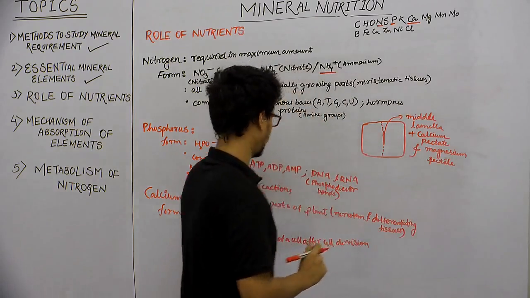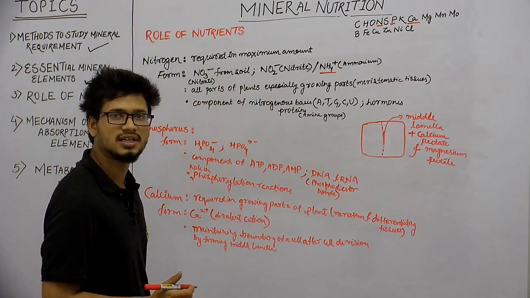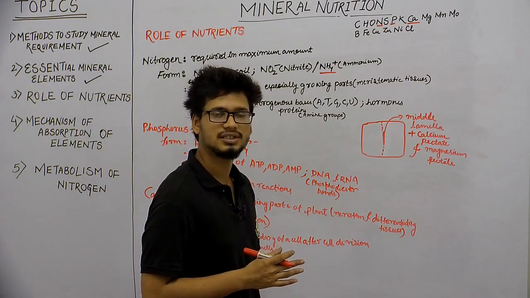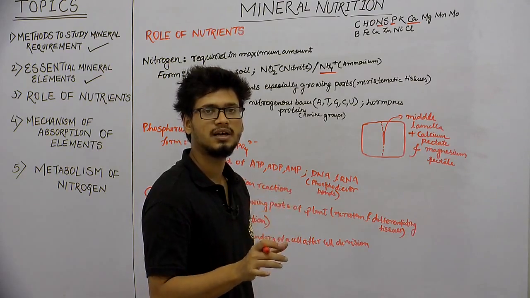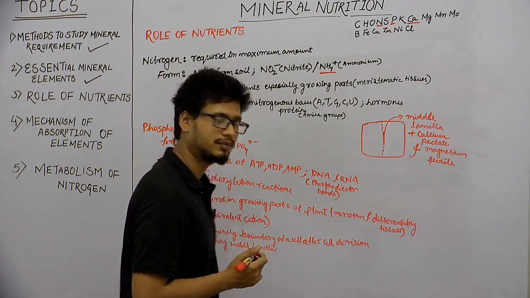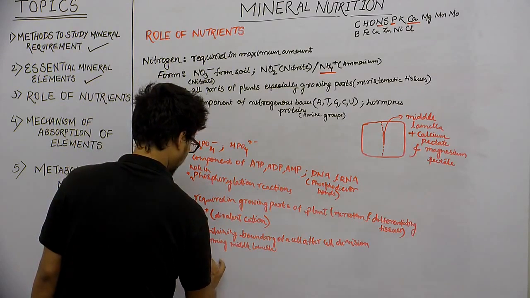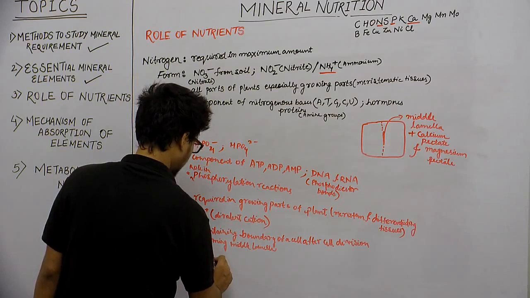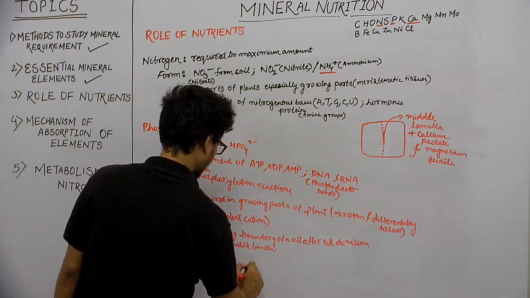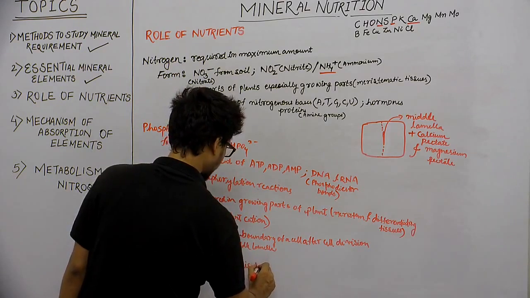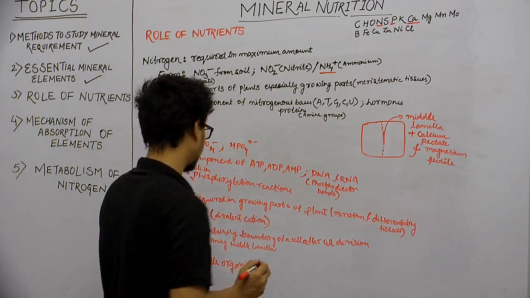Okay, so forming the middle lamella, and the other function is it helps in spindle organization, और जो क्रोमोसोम होंगे उसे प्रॉपरली उनके प्लेस पे पोजीशन करने में हेल्प करता है कैल्शियम. इट हैज अ रोल इन स्पिंडल ऑर्गेनाइजेशन and the movement of chromosomes.